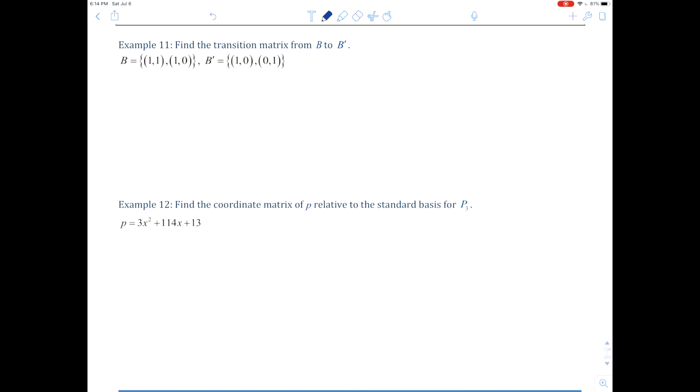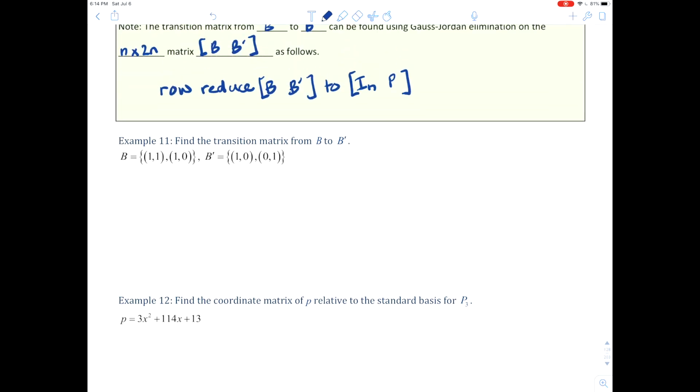So in this one here, we have a B and a B prime. Remember, at the end of the day, we want the identity matrix on the left, right? So here, what do I do? Well, if I do the B prime first, what do I have? Well, I have the standard matrix, right? So I have 1, 0, 0, 1.